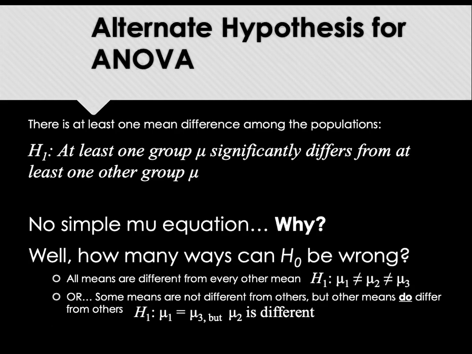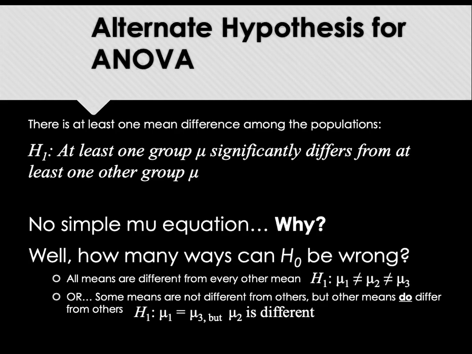Another possible alternate hypothesis is that there are some means different from others, but other means do not differ from others. So just as one example, perhaps the mean for population 1 does equal the mean for population 3, but the mean for population 2 is different from both 1 and 3. That's one possibility, right?